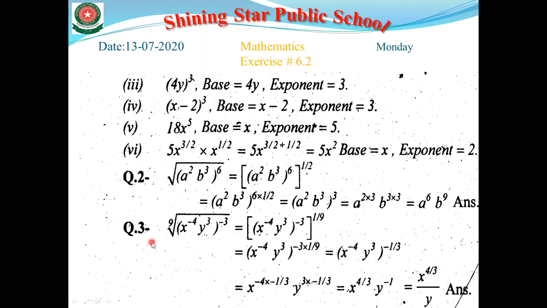Now question number 3. x power minus 4, y power 3 in whole power minus 3 and whole under root power 9. So we can write 1 over 9. Now we multiply 1 over 9 within the bracket. So 3 1s are 3, 3 3s are 9, so minus 1 over 3. Now we multiply minus 4 and 3 with minus 1 over 3. Minus 4 multiply minus 1 over 3, and 3 multiply minus 1 over 3.